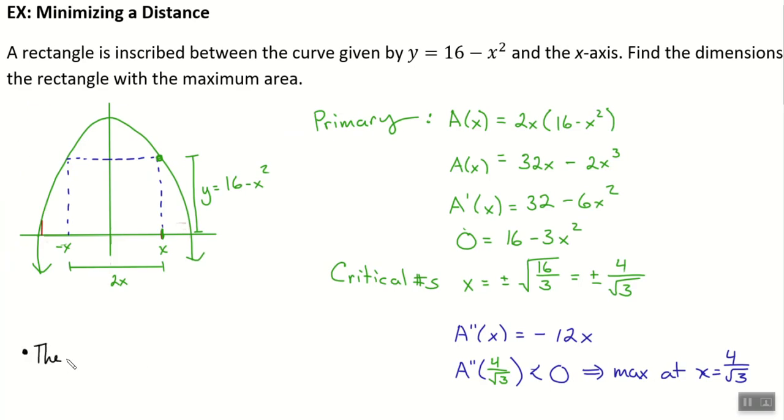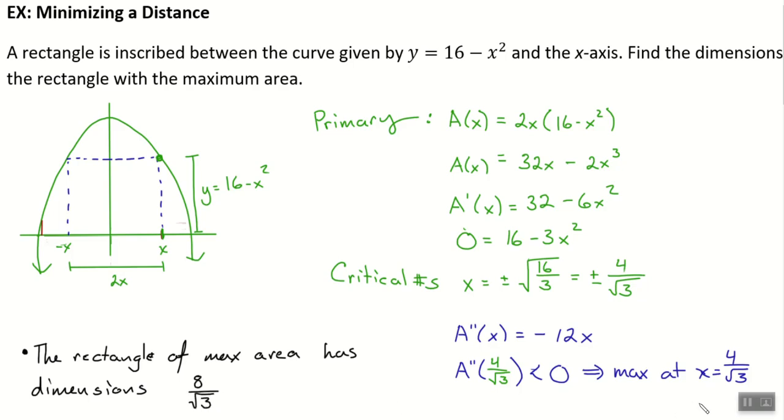The rectangle of maximum area has dimensions, and we don't have any units, so we'll just say 8 over root 3, and all I did was double this, units, by, and now we don't know the y value yet.